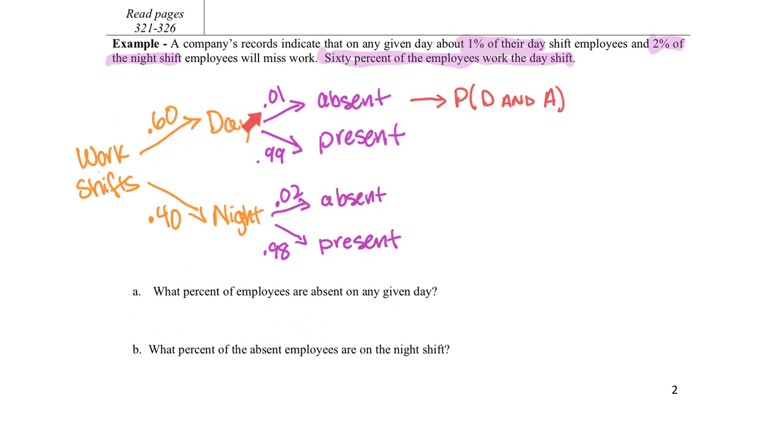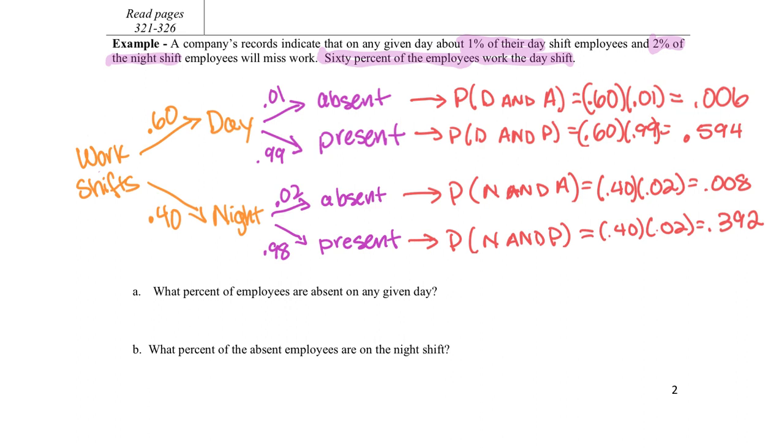In other words, knowing that a person was absent wouldn't affect the probability that they were on the day shift. So that ends up being 0.60 times 0.01, which is 0.006. And I'm just going to follow that through for all of these. So here's the entire tree diagram filled out. You might want to pause it right now and copy all of that down.